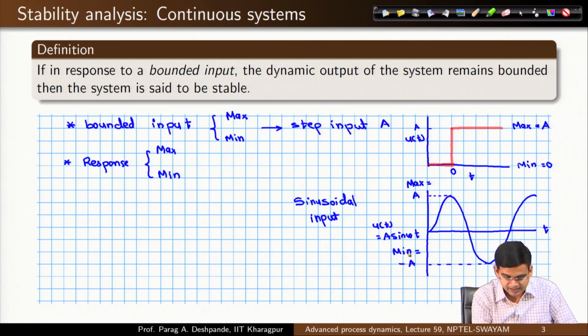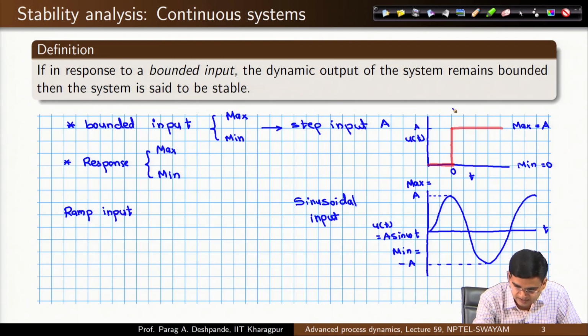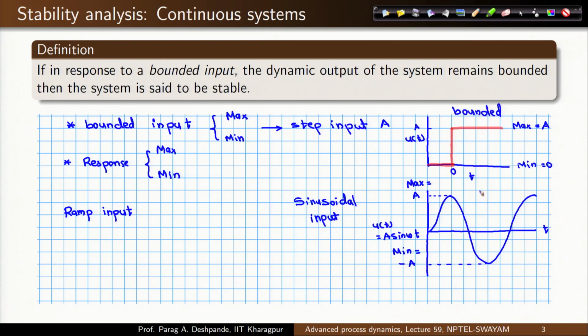What about a ramp input? Let me write here bounded, and I have a ramp input now. What is the functional form of a ramp input? I have u of t is equal to a t, I will draw it versus t.